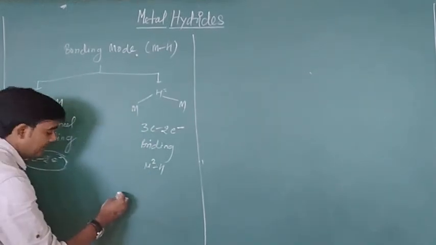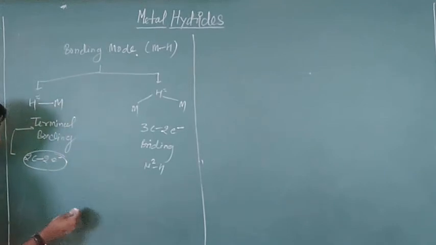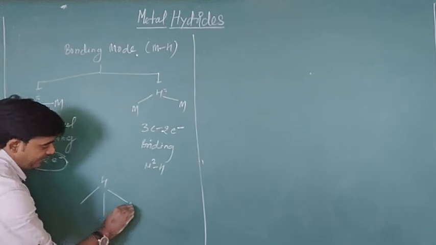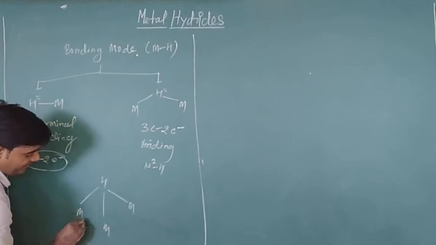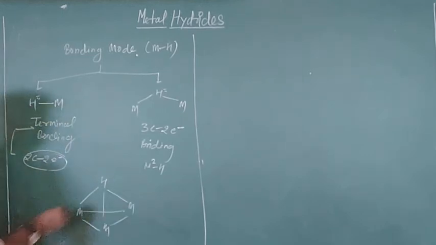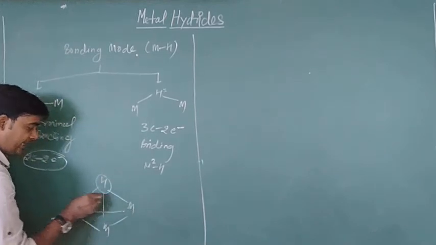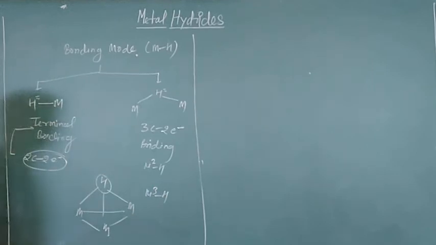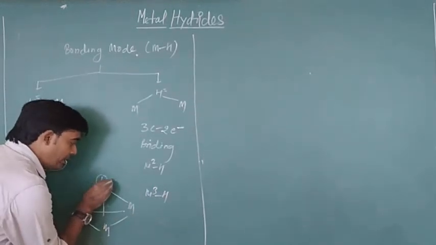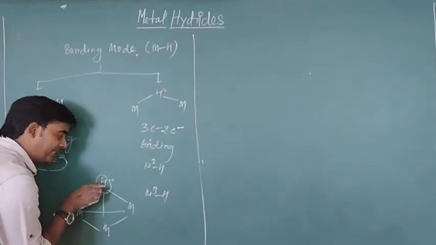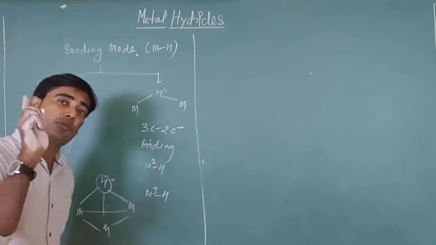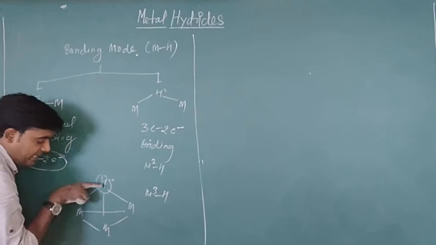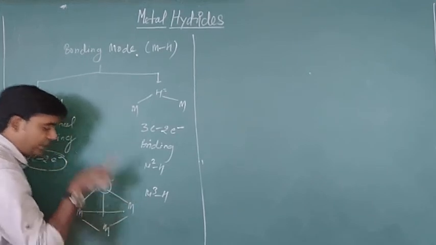Another thing is that if you have another complex where the hydride is attached to 3 metals, this metal, this metal, this metal, in this fashion, then this is mu3-H bridging bonding. The hydride has only 2 electrons, and these 2 electrons involve this metal, this metal, and this metal too.